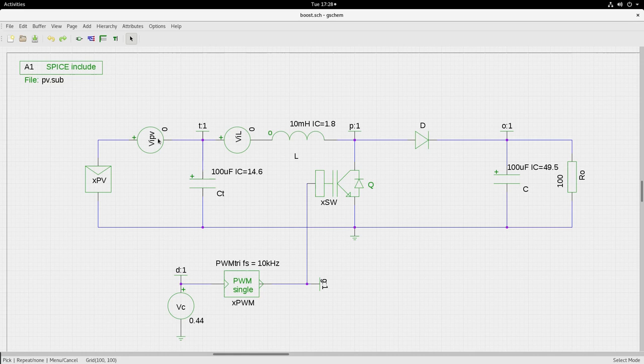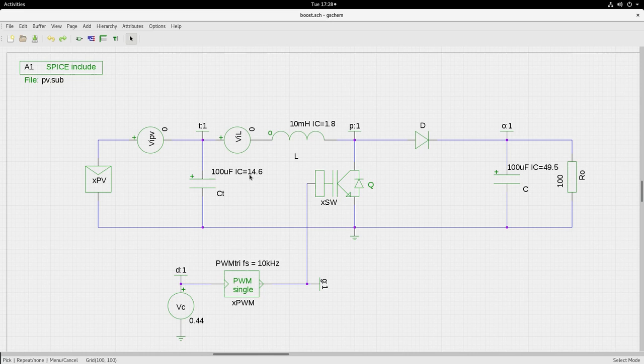A voltage source set to a value 0 can be used for sensing the current through that branch. So VIPV is sensing the PV current IPV, and VIL is sensing the inductor current. This is also a current sense voltage source, value set to 0.